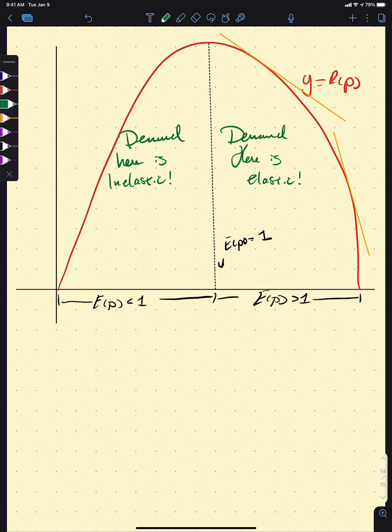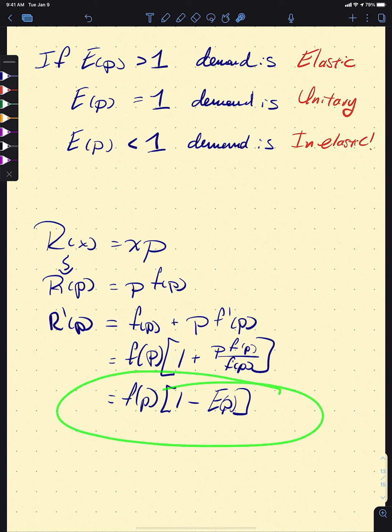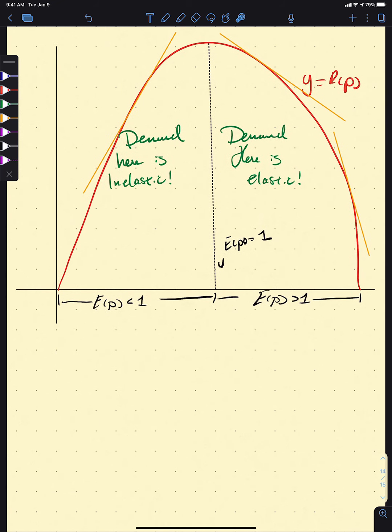What that means is that here, if you increase the unit price, you're going to get an increase in revenue by a small amount, simply by looking at the tangent line. If you increase your price by a small amount, you're going to increase your revenue by a small amount as well, because the slope of all of these tangent lines is positive, and based on what we saw, that's forced to be true when E of P is less than 1.